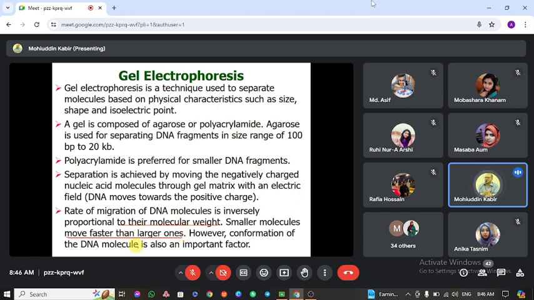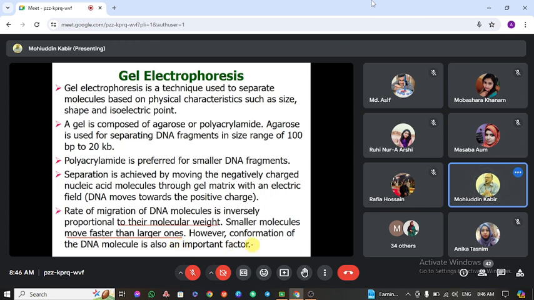So they have an inverse relationship. However, besides the size, the conformation of the DNA molecule also affects the movement in gel electrophoresis.